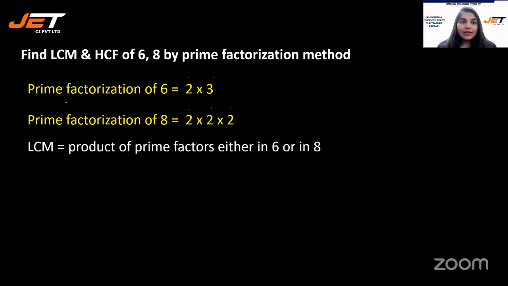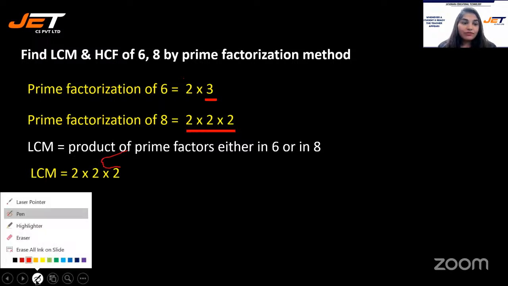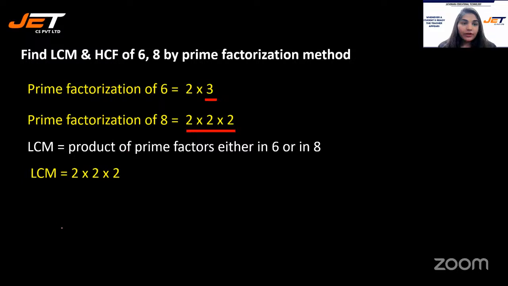Okay. LCM is the product of prime factors either in 6 or in 8. Let's see. What is the LCM here? Yeah, LCM is 2 times 2 times 2 and 3. What we have done here is we have done the product of 2 times 2 times 2, which is the product of prime factors either in 6 or in 8.